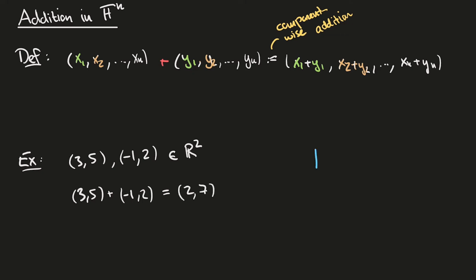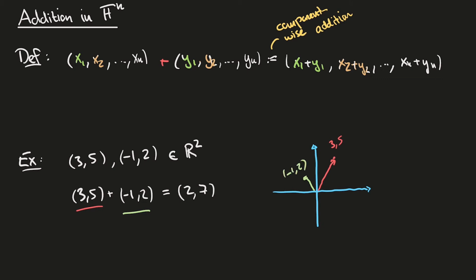We can again give a geometric interpretation of this. So if we have our coordinate system, we can mark the first vector in red. So (3, 5) would be around here. And mark the second vector, (-1, 2), in green, which would be approximately here.